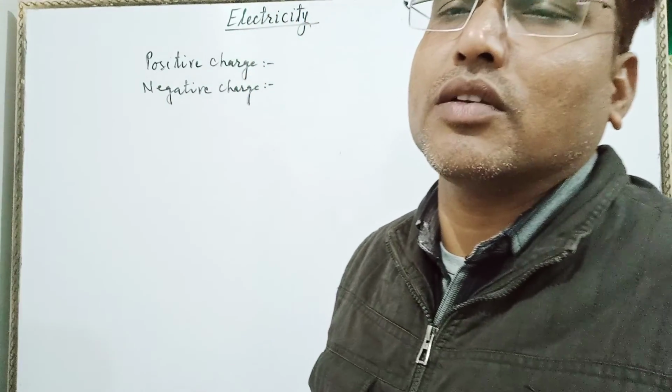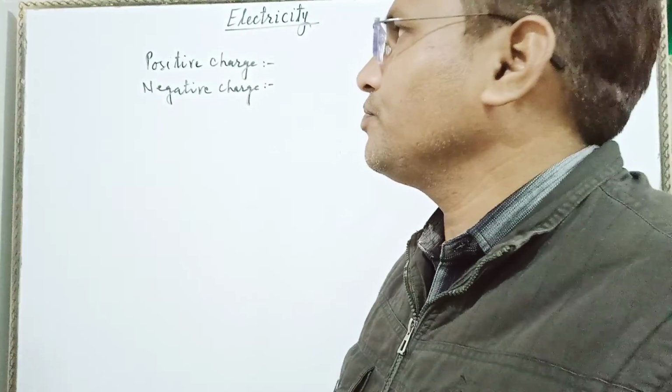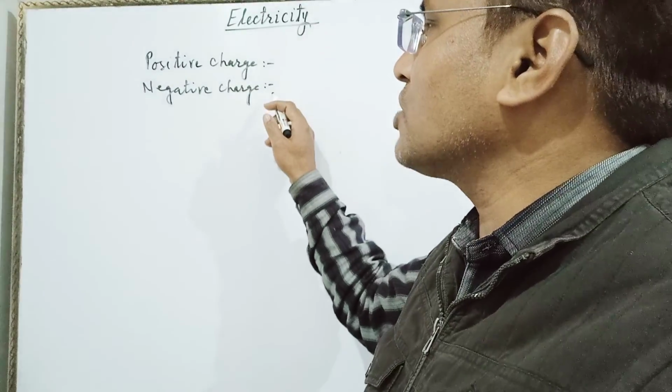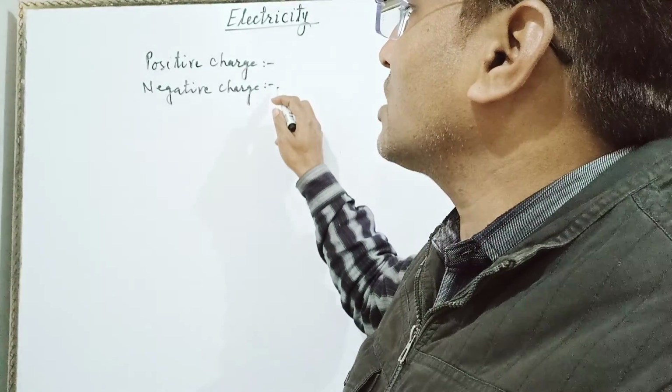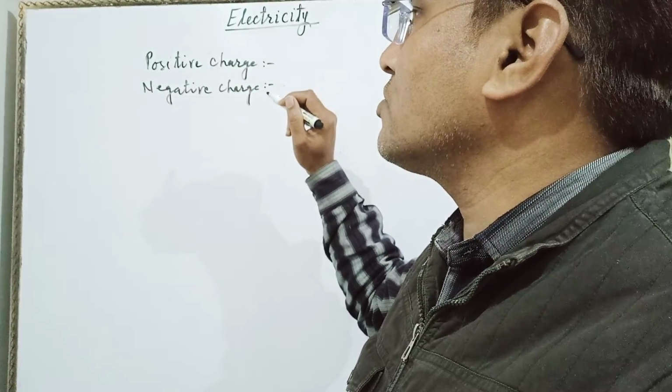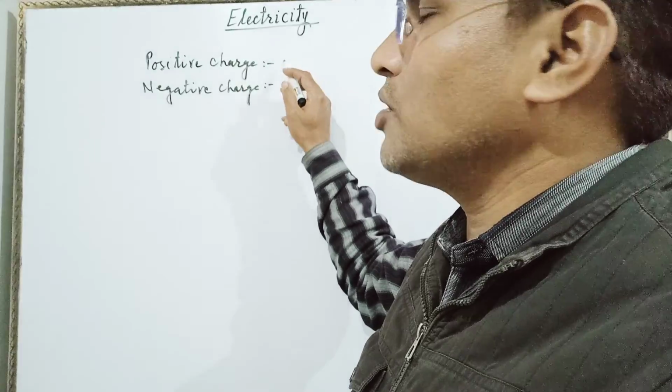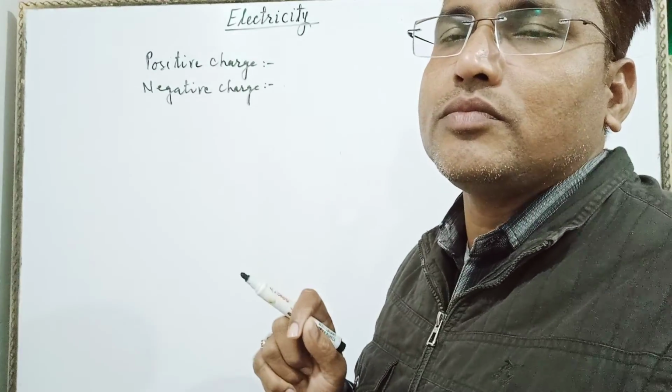This negative charge comes because of the electrons. This positive charge comes because of the protons.